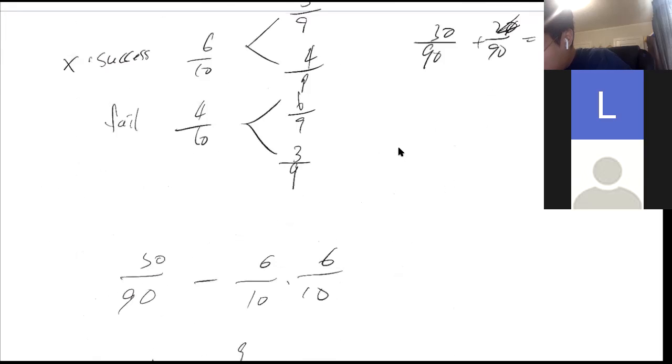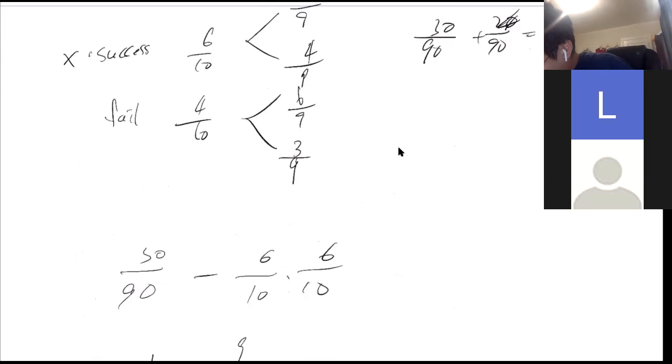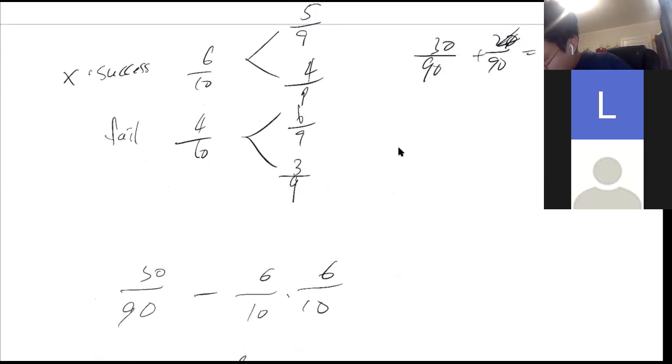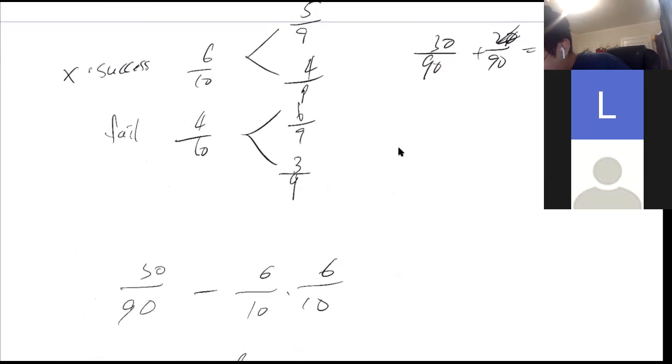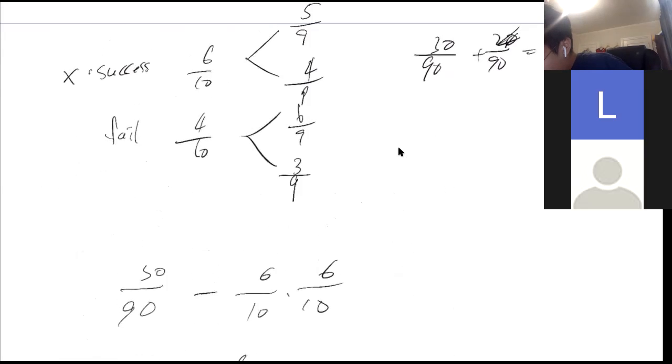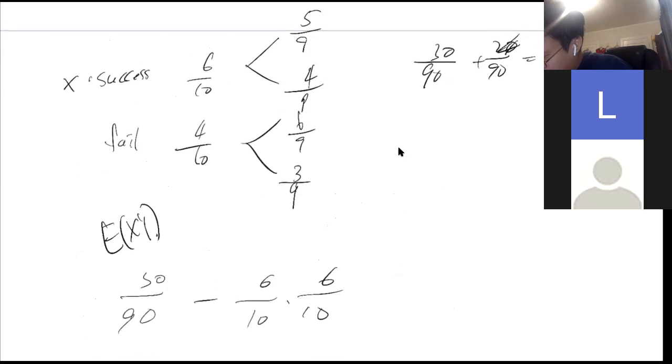Kind of forget what I did here. So yeah, that's exactly what I did. Oh yeah. So expectation of x, y is just when x is success and y is also success.